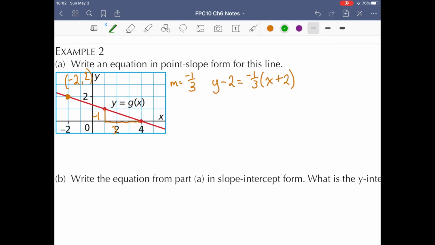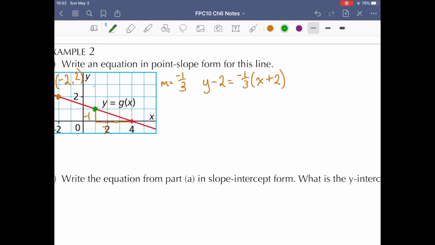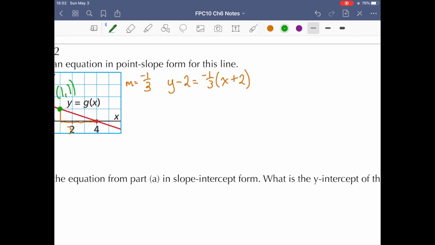We could also use this one here, this point, as an equation. So that point is at 1 and 1. So in this case, it's going to be y minus 1.